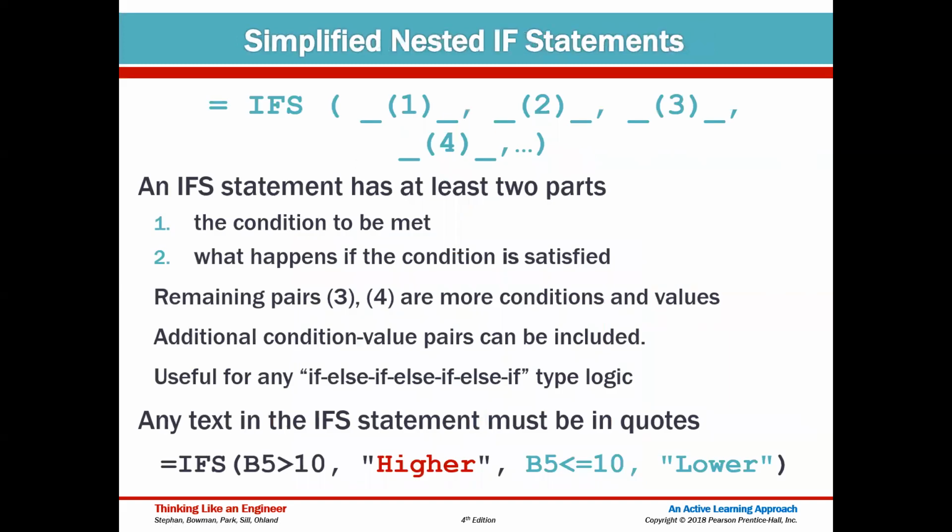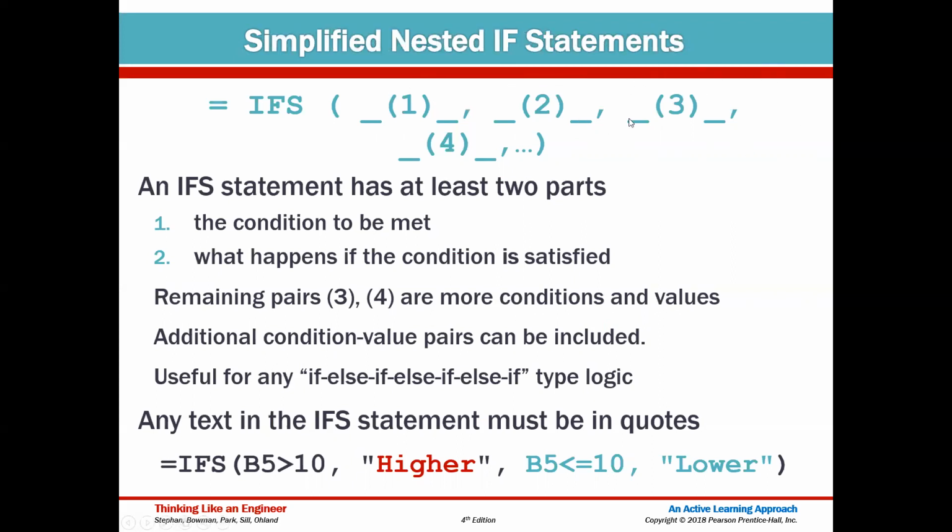So we could have a set of simplified nested if statements, and so that IFS built-in function is going to have you build paired values based on different conditions. And so we're only looking at what outputs if it's true. We don't ever designate what happens if it's false. So this is that if-else, if-else, if-else type logic. So where we start with our first condition to be met, and then what happens if it's satisfied.